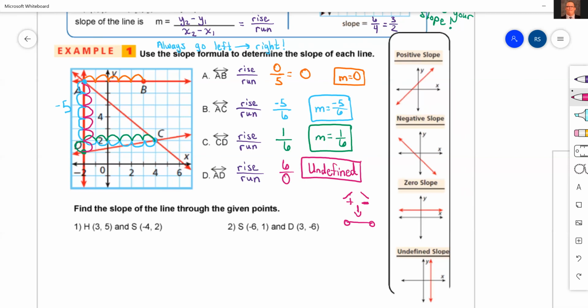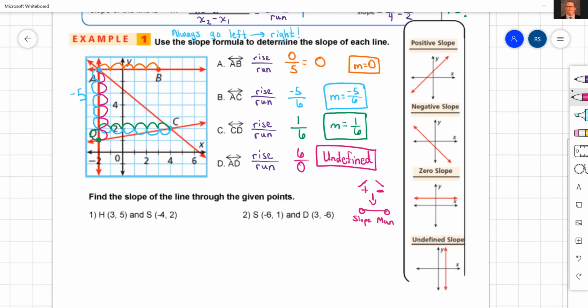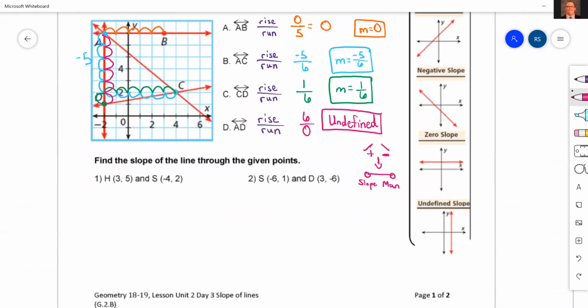That's slope man. So positive goes up, negative goes down, undefined is vertical, and then zero slope is side to side. So this is one way you can try to remember your slopes. If you took Algebra 1 last year, this was a part of your legal notes, I believe. If you remember having to copy those.